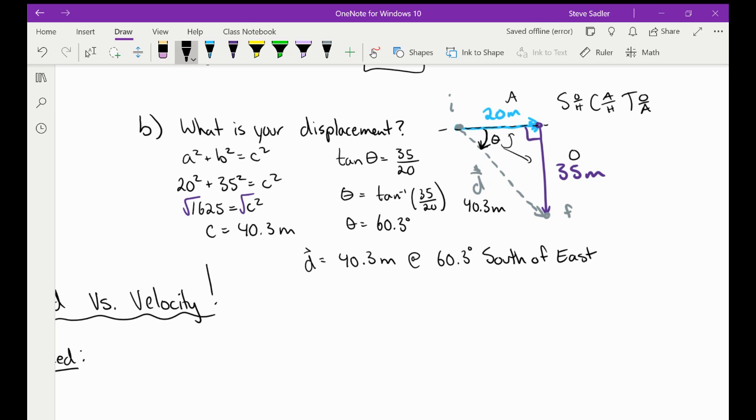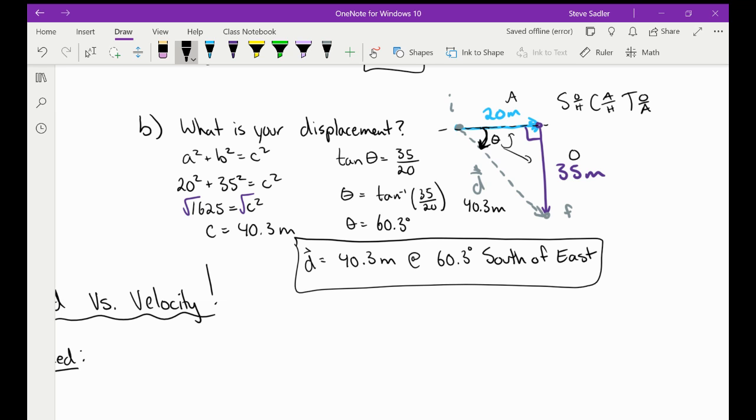Hopefully that makes sense, because we measured that angle from east, and we went in a southern direction 60.3 degrees. So you could say the displacement is 40.3 meters at 60.3 degrees south of east, and that would be your final answer. We will have practice problems like that, so hopefully it makes sense.